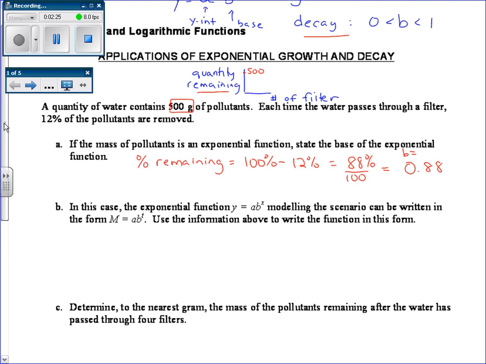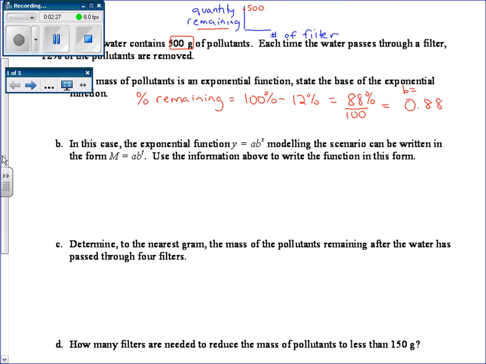For part B, the exponential function y equals a times b to the power of x, modeling the scenario, can be written in the form m is equal to a times some base b to the power of t, where in this case t would be the number of filters. We've already determined that the base is 0.88, and a will be the initial amount, which in this case is 500 grams.